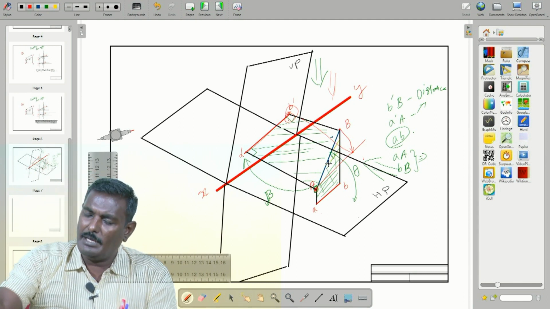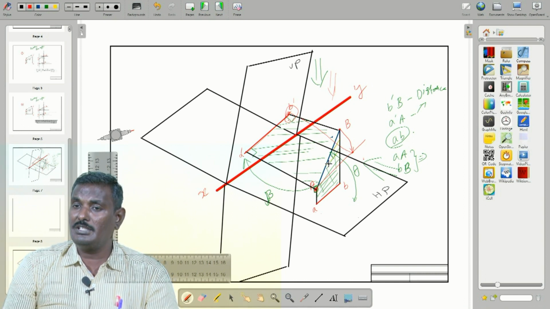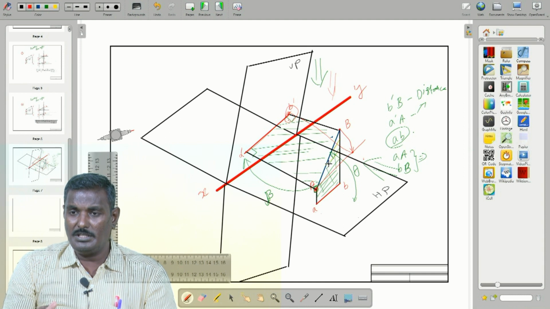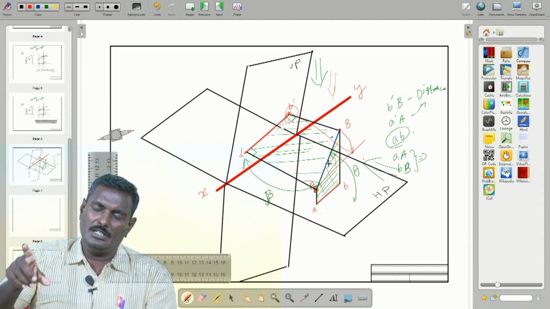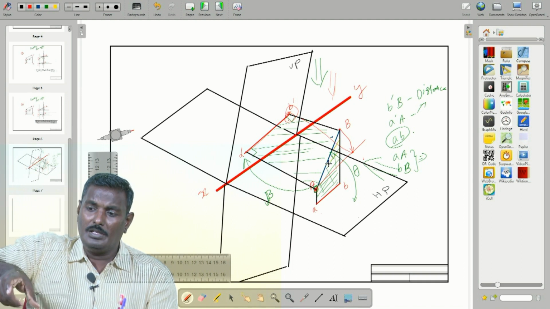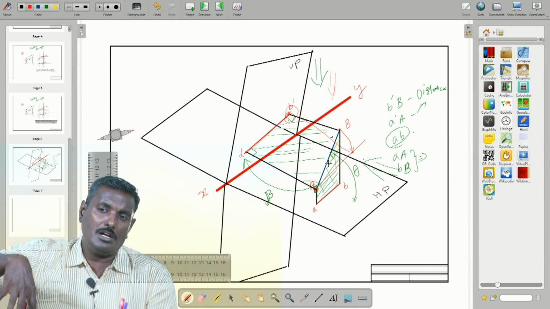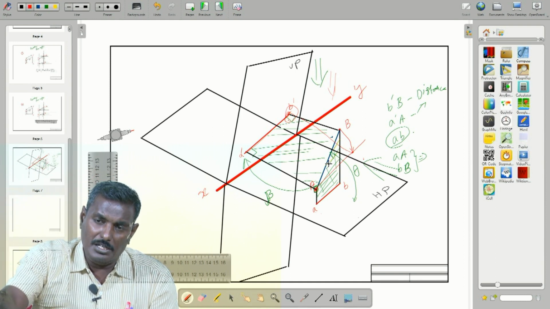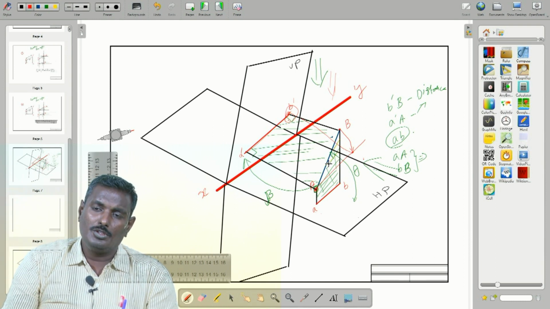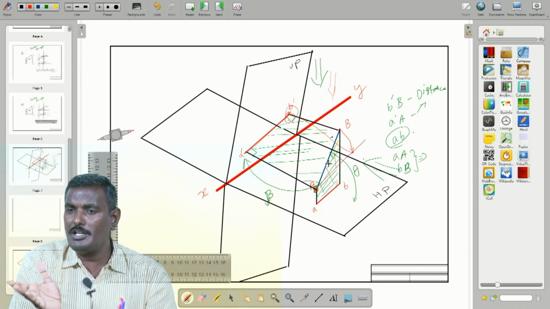Yeah, that's why I am showing in this. But what about the rotating line method? In the rotating line method, we are shifting, is it, from B, we have to make it parallel. If you make it parallel, what about the inclination you obtain on plan? If you make it parallel, it is parallel, so it is inclined to VP, not inclined to theta.